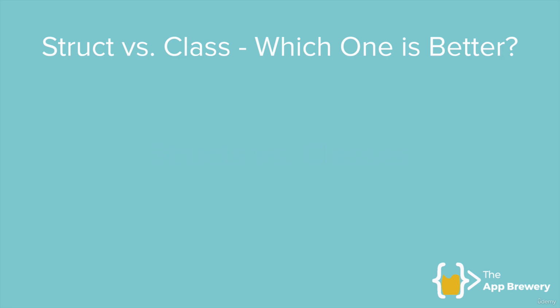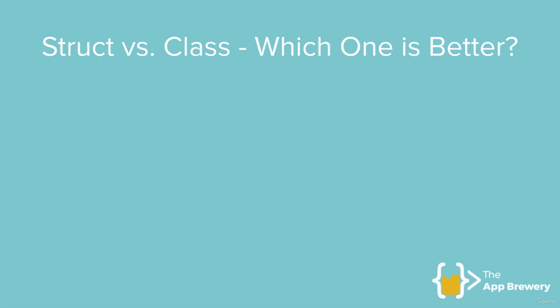Now, a lot of times whenever I give this talk, students will ask, well, which one is better, structs or classes? Which one comes out on top? And this is very similar to another question that I often get, which is the best programming language to learn? And they both have the same problem. There is no such thing as one is better than the other.